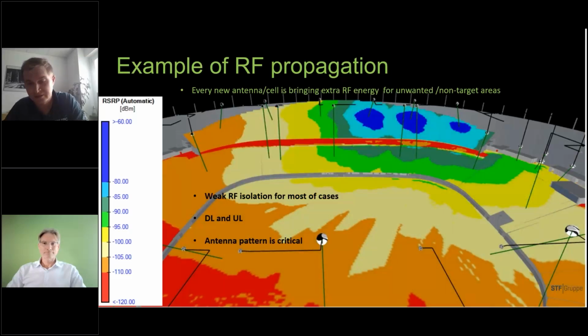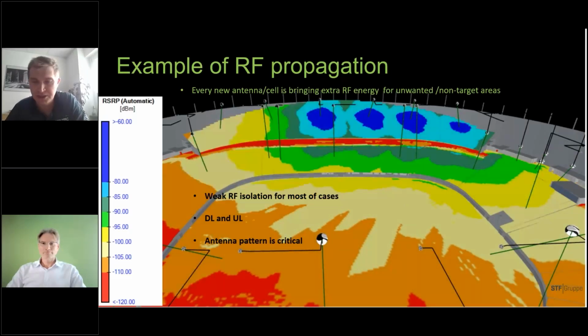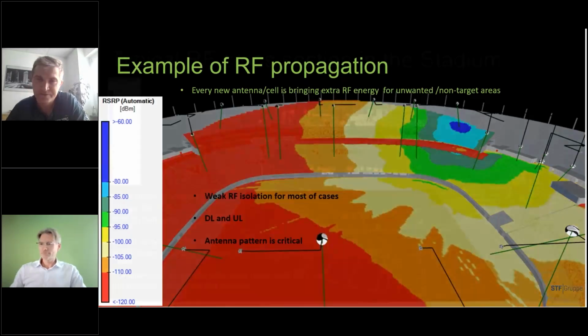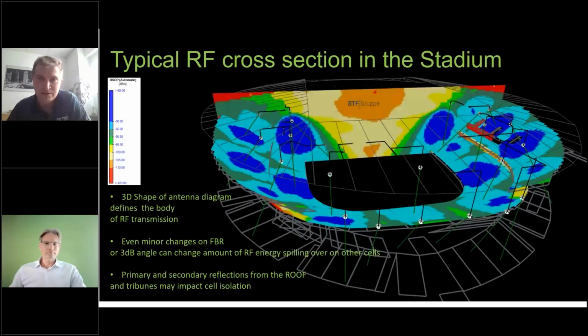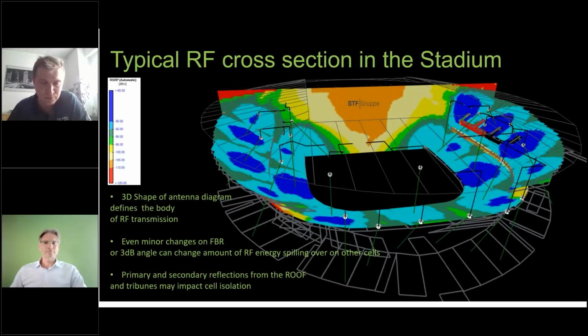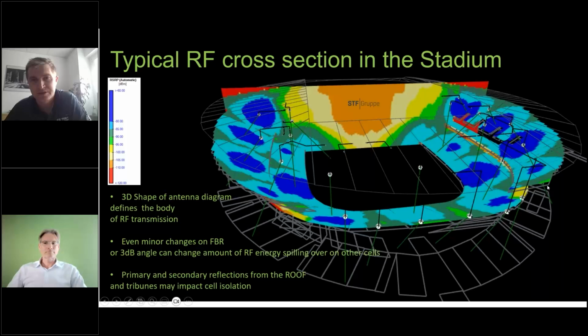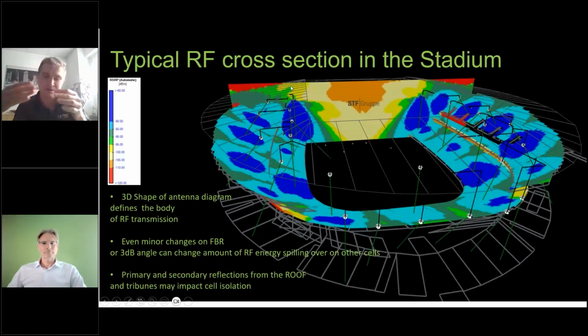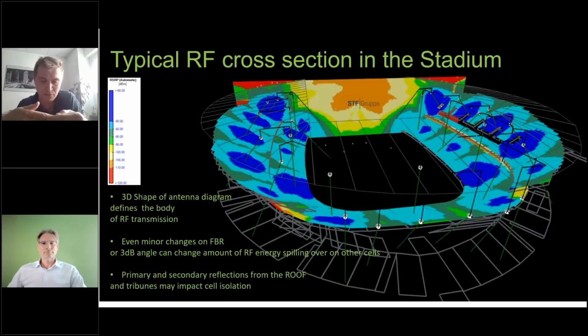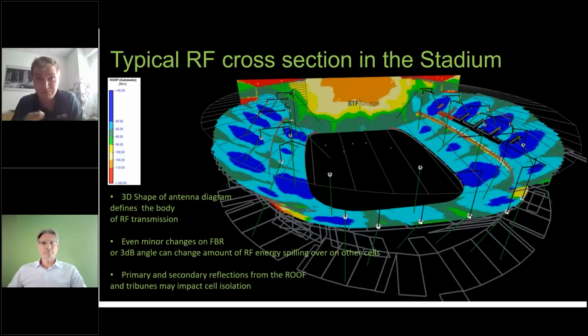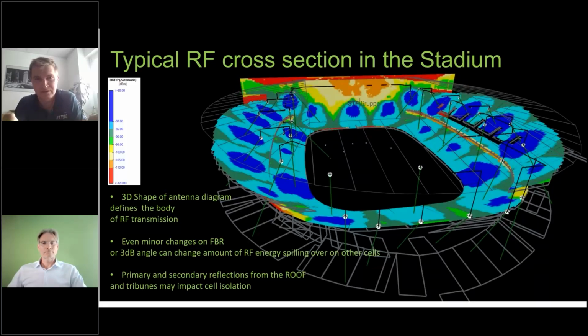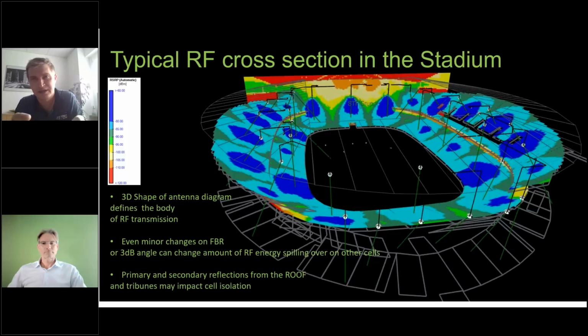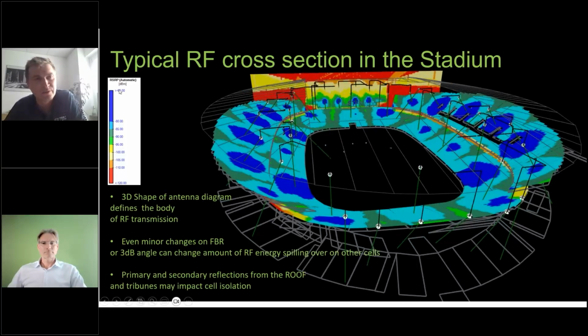And just to trigger your imagination a little bit, to have this picture in mind of how a fully planned stadium would look like, this is a visualization performed especially with a cross section. In this cross section, you can observe the so-called main beam, the body of the main beam. These are, of course, 3D shaped antenna diagrams, and you observe where the maximum of your RF energy is located.